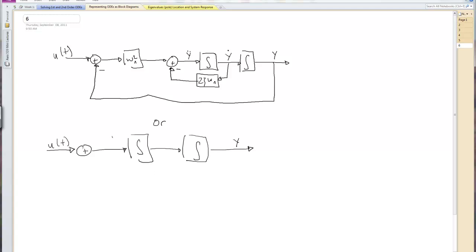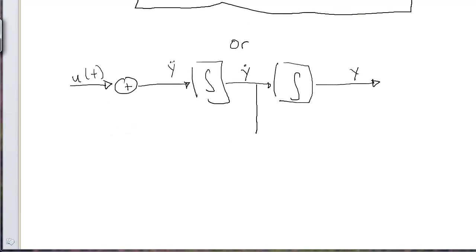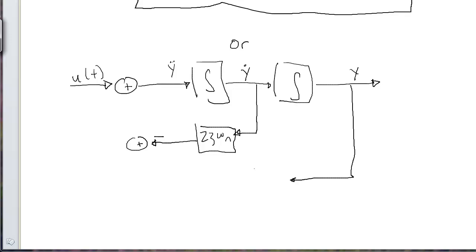So this is y double dot, y dot, and I can take y dot, push it through the gain 2 zeta omega n, pull that signal over to here to a sum junction with a minus sign, take y, feed that through omega n squared. Go ahead and push that through there with a minus sign, and then push that whole summation up to here. And now that just has a plus sign.